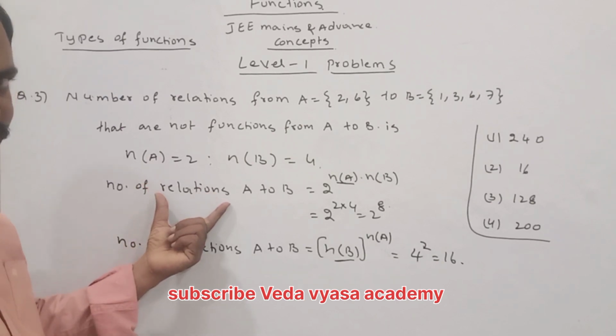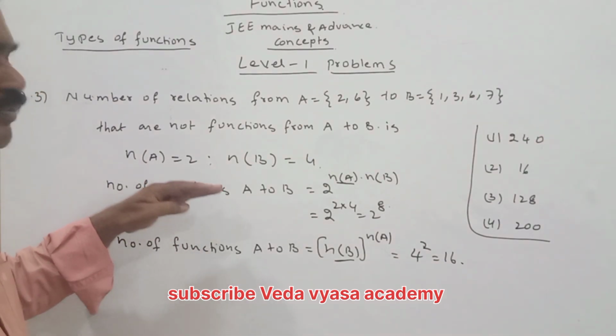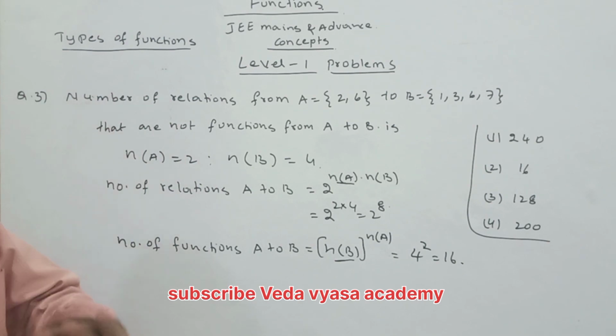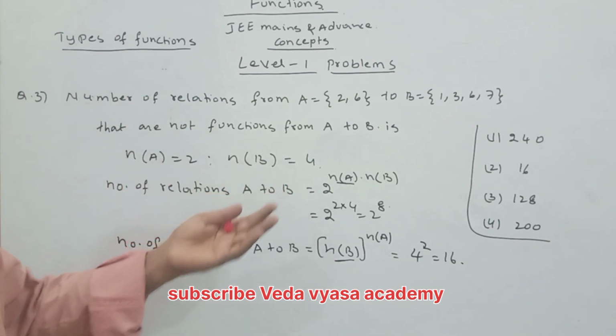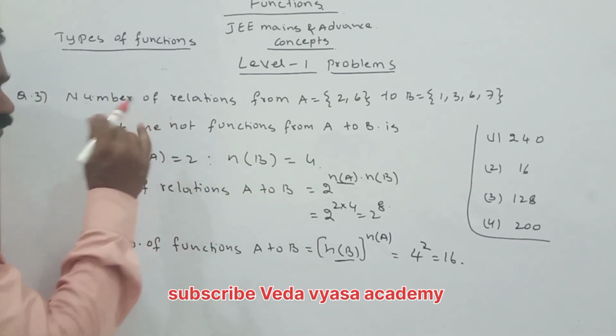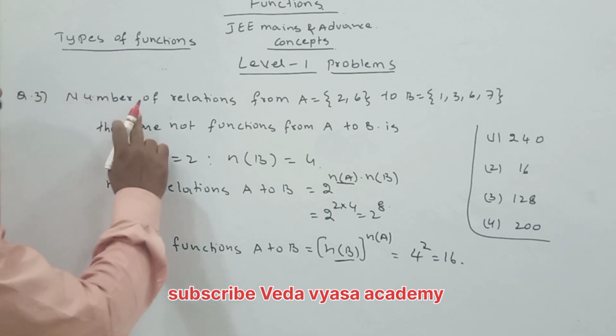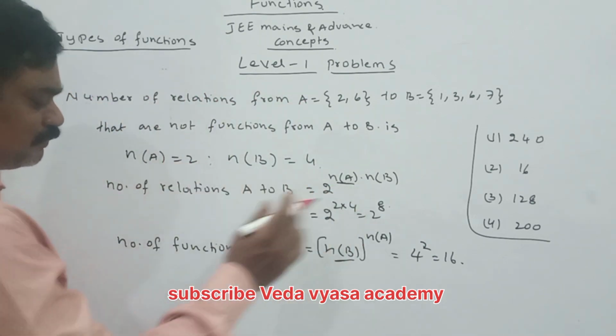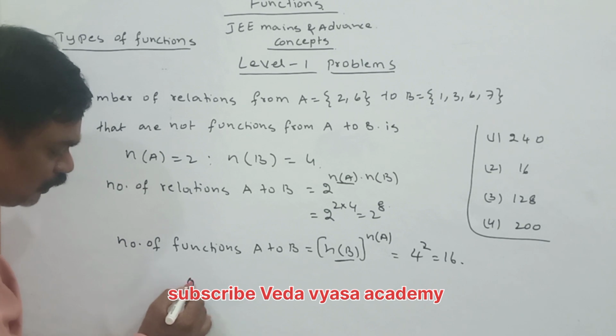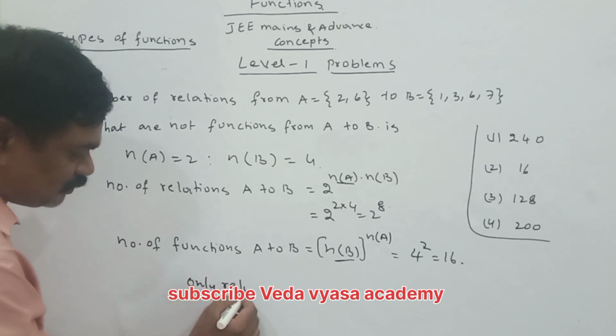Total relations include some relations that are functions. That is why we want only the number of relations from A to B that are not functions.